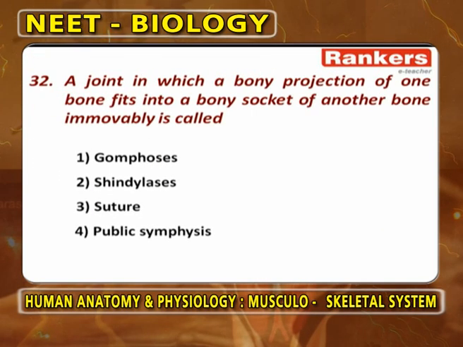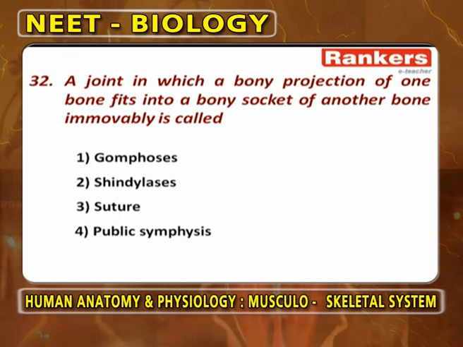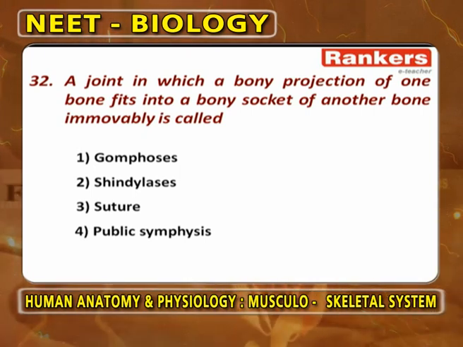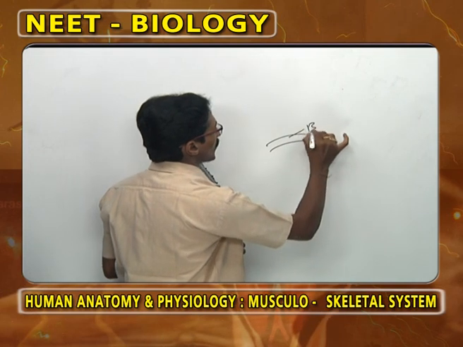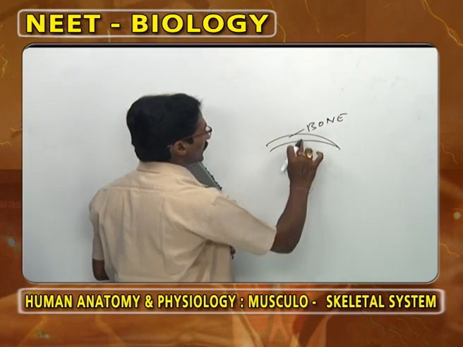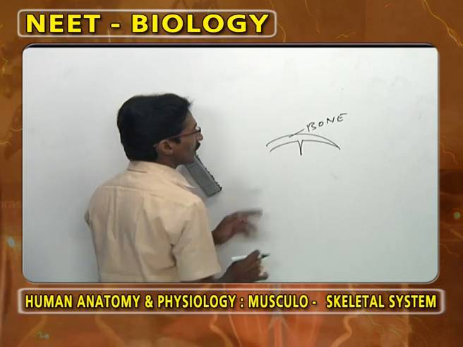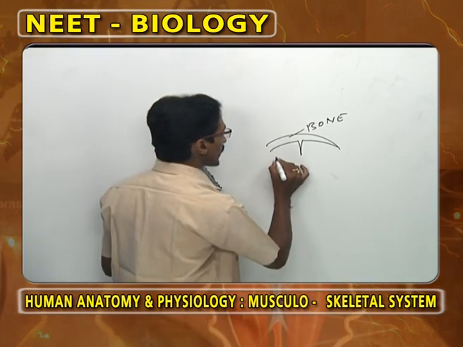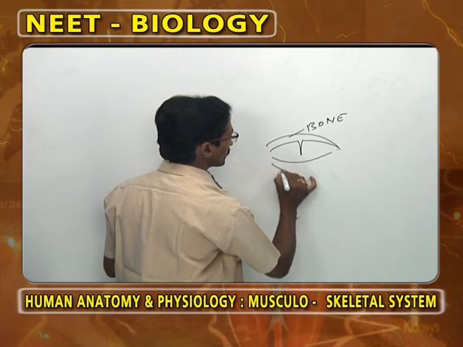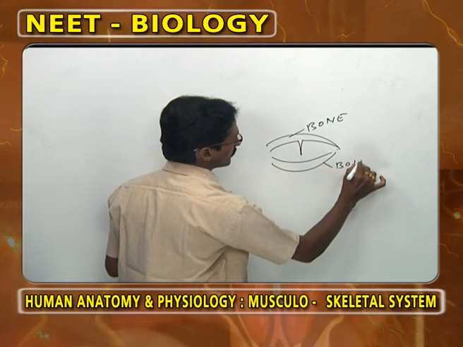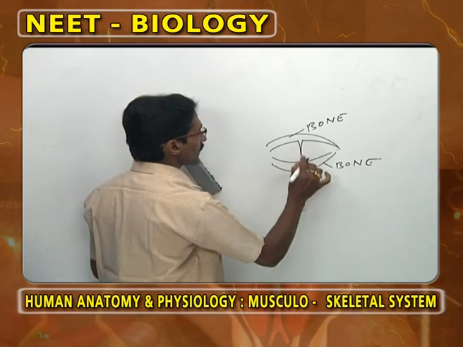A joint in which a bony projection of one bone fits into a bony socket of another bone immovably. Now this is one bone, and this is the projection of a bone. This is another bone, and this is the socket.